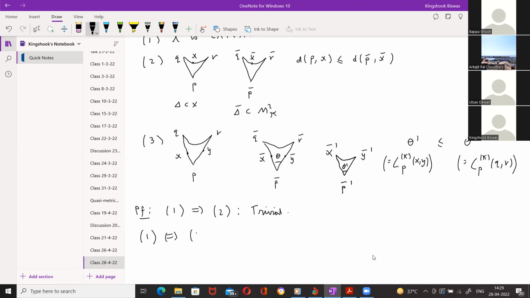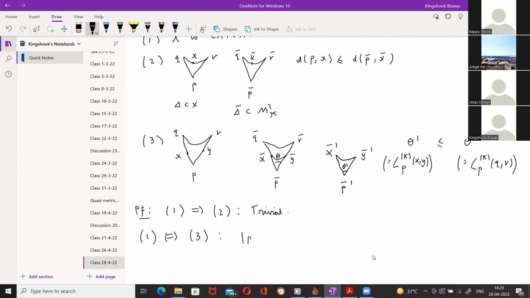This is easy because if I look in this picture, let me look at these two triangles, P bar, X bar, Y bar, and P bar prime, X bar prime, Y bar prime. So these have the same side lengths from P bar to X bar, and P bar prime to X bar prime, and P bar to Y bar, and P bar prime to Y bar prime, right?